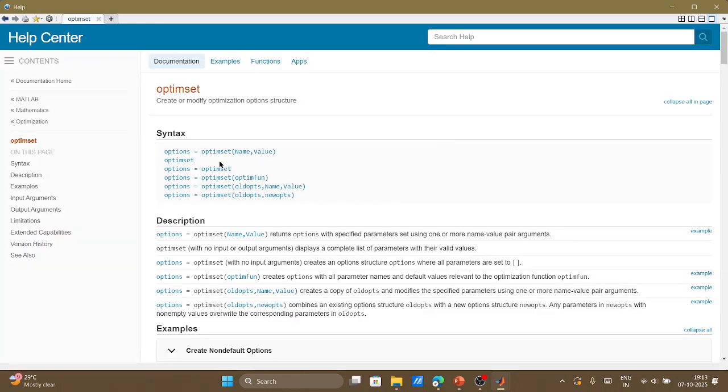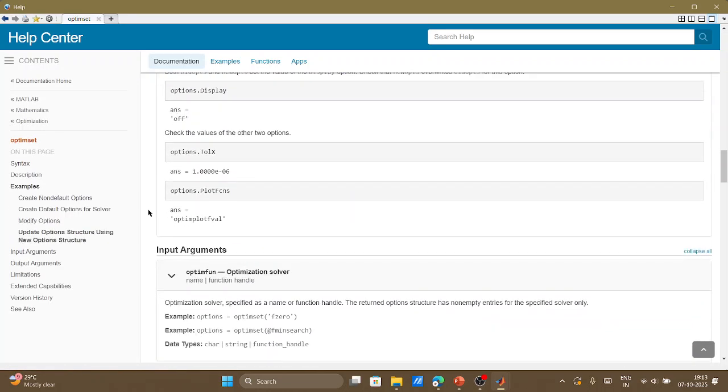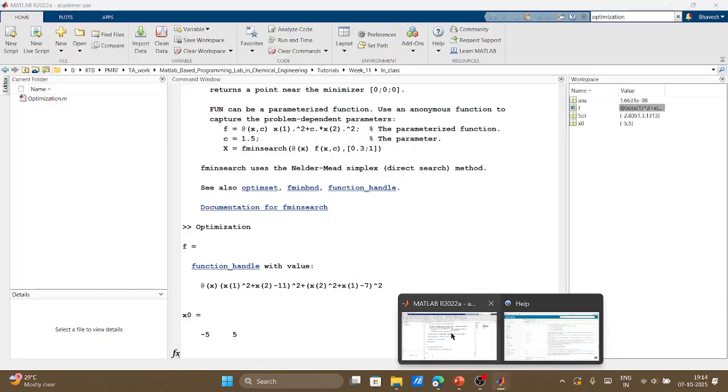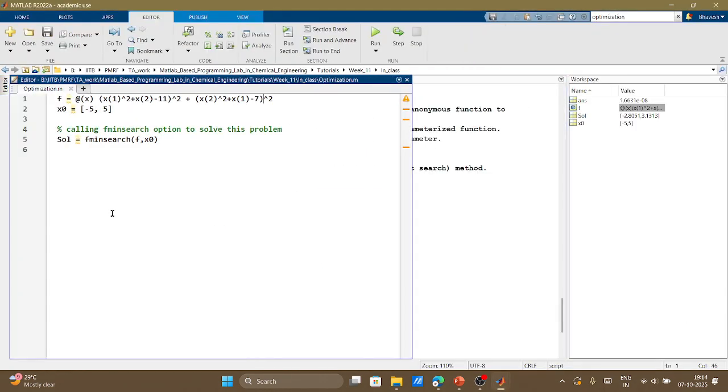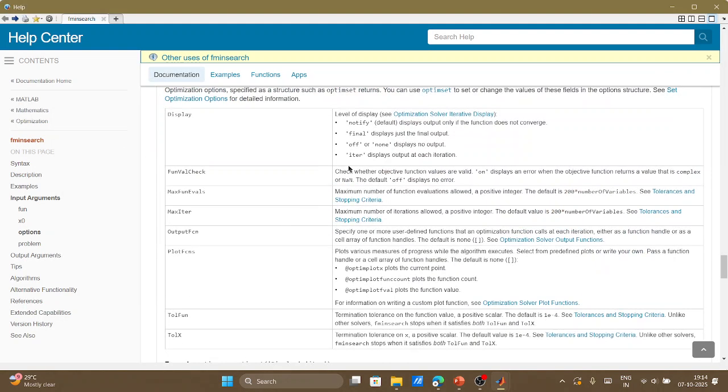Yeah. So we can provide options as optim set and all the corresponding values. Let's do that here. Options is equal to optim set, what things we want to provide.